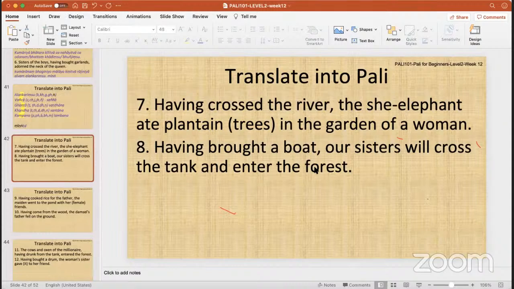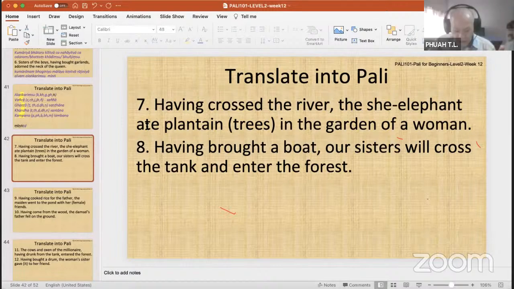Prathama purusha ekavachana. Having crossed the river, the she-elephant ate. Ate, right? Bhunji. So ate is the verb, and the corresponding subject is the she-elephant.